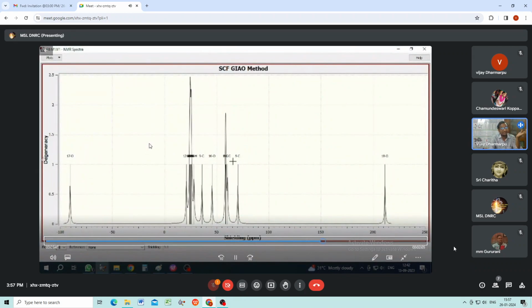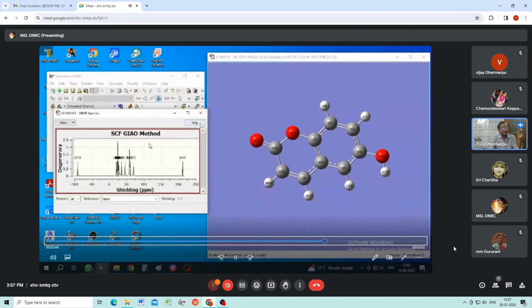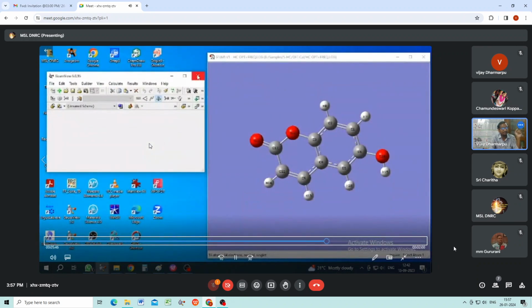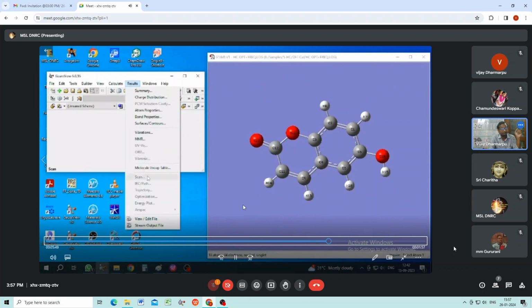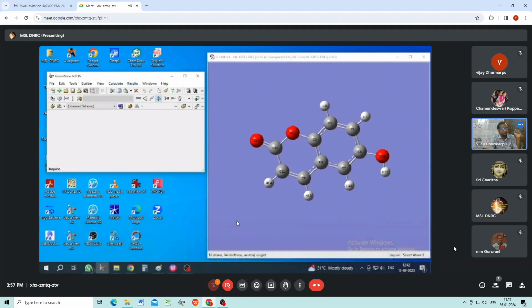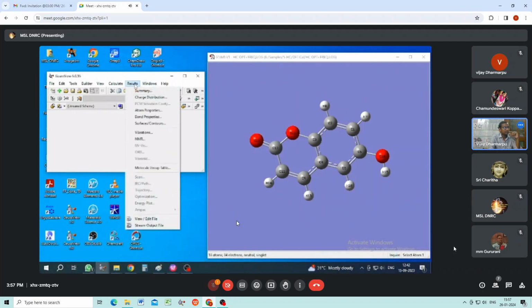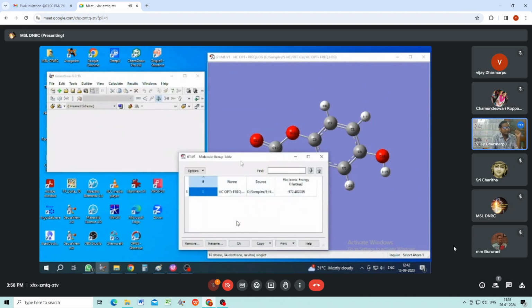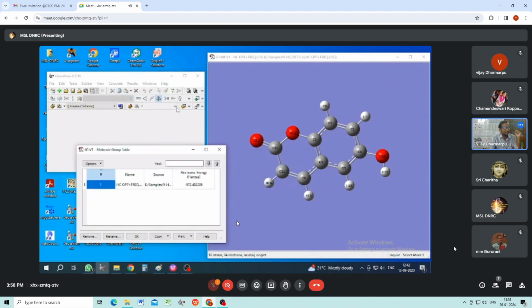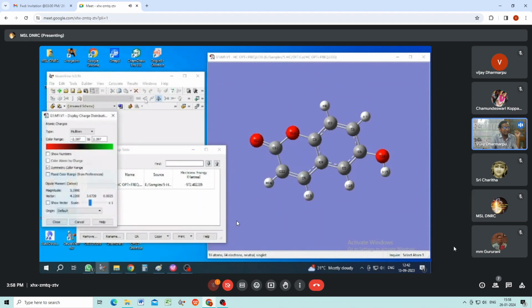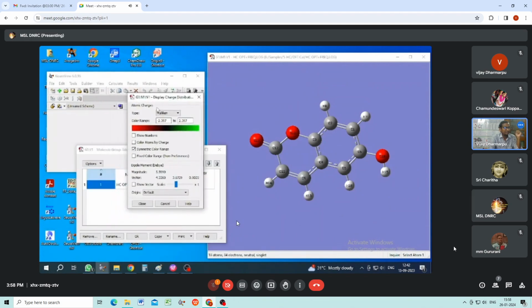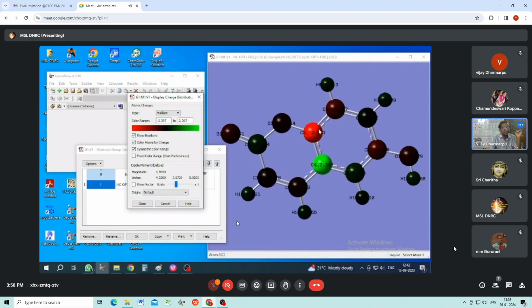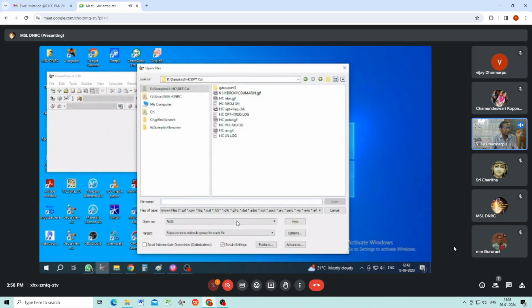For this NMR spectra, we see each atom having its peak. And the charges also. See here the total energy we can see, and the ATP charges and Mulliken charges we can visualize. This is the Mulliken charges. This is the information.